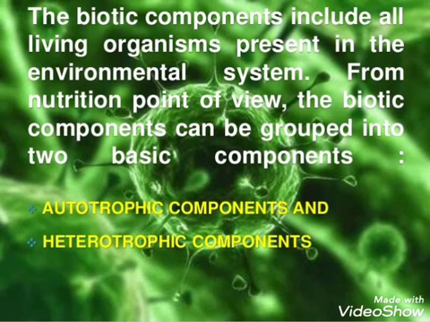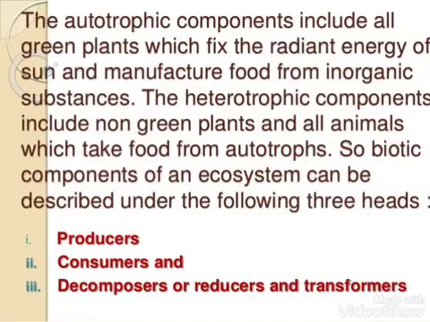Auto means self, and hetero means those which depend on others. The autotrophic components include all the green plants which fix the radiant energy of the sun and manufacture food from inorganic substances.